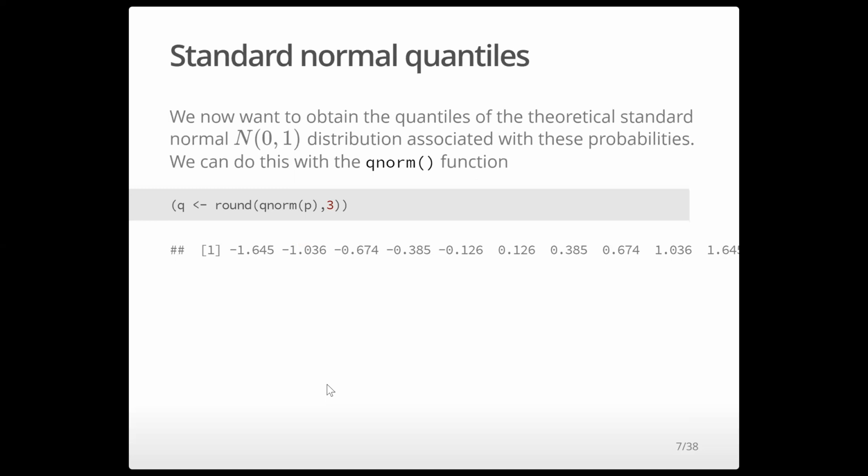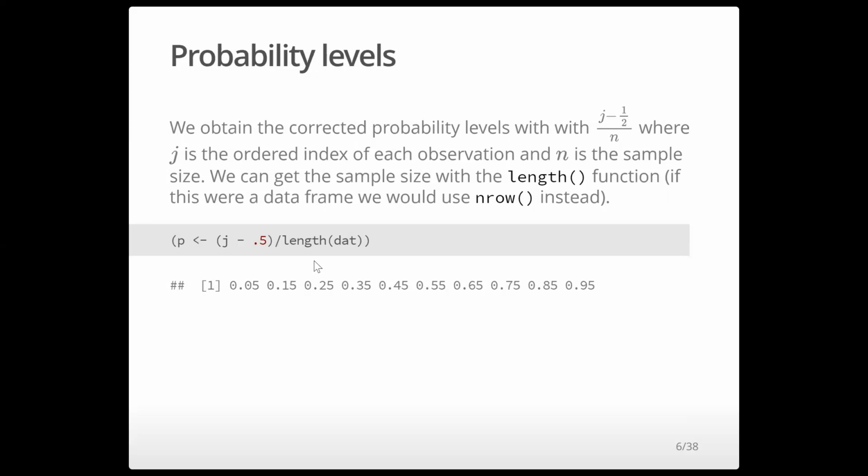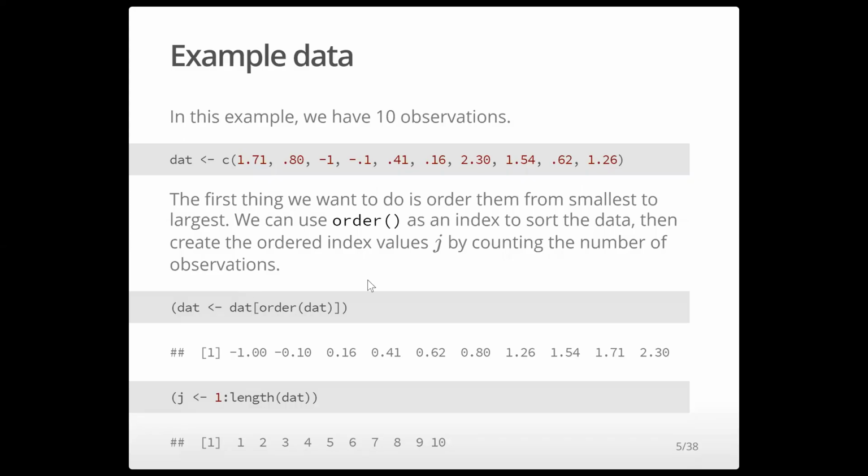What we want to do now is find the quantiles of a normal distribution associated with these probability values, and then compare them to our actual observed data. We can use the qnorm function for this. What this is telling me is that negative 1.645 is the 0.05 quantile associated with a normal distribution.